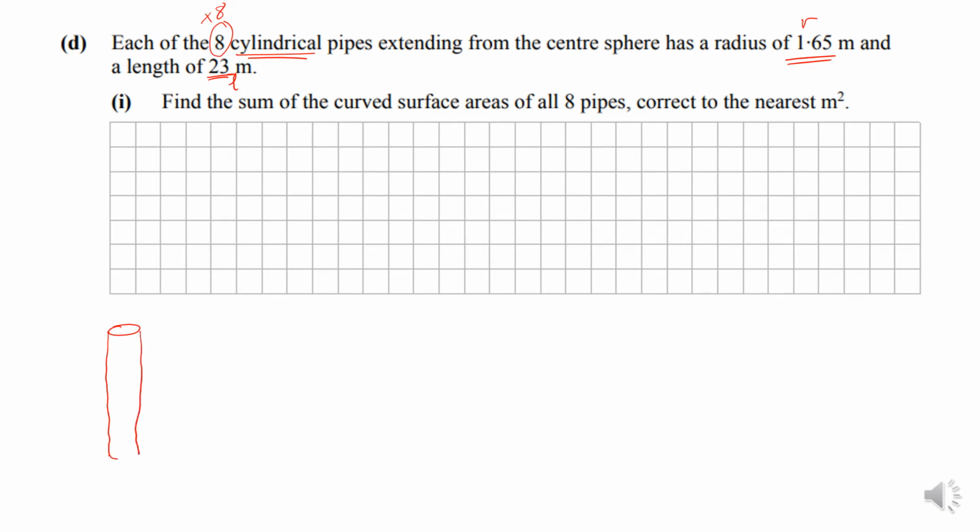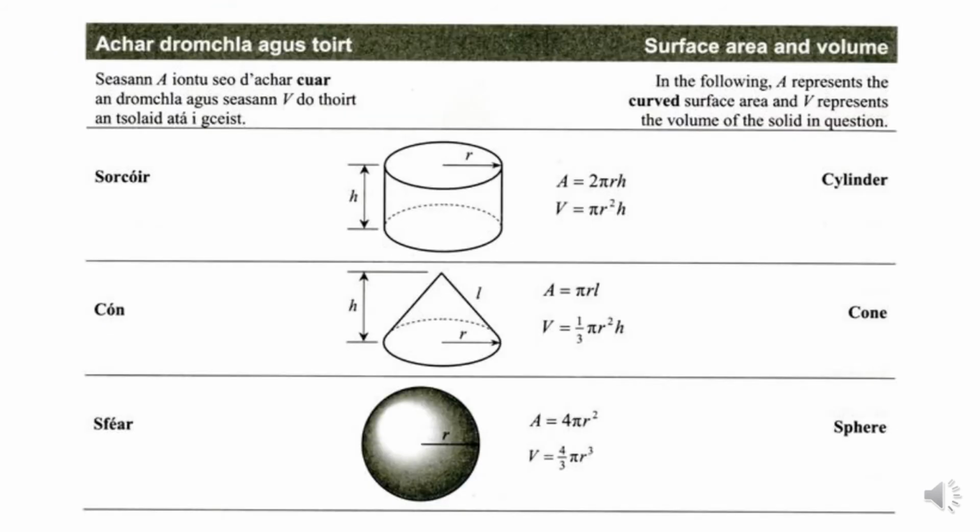So we've got cylindrical pipes. Now the length may also be referred to for cylinders as the height h, and we've got the radius here. We're looking for the curved surface area of the 8 pipes. We will need a formula, so refer once more to your formula and tables book.